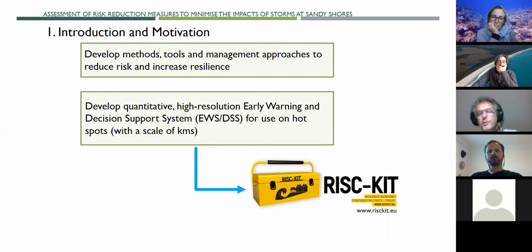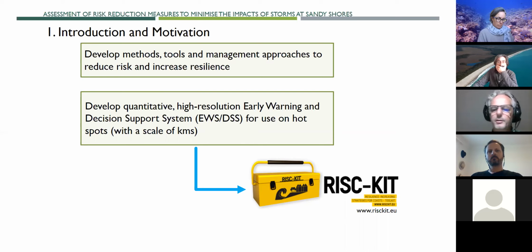In the RISC-KIT project, that was a little bit what was done. RISC-KIT developed methods, tools, and also management approaches to increase coastal resilience and to reduce coastal risk. There were 4 or 5 tools that have been developed. One of them was called Early Warning and Decision Support System for use on hotspots.